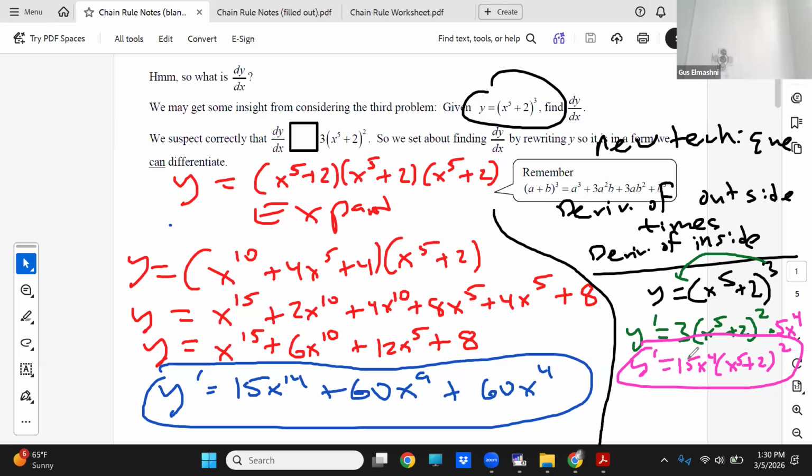If you kind of think about it, if you expand (x^5 plus 2) squared and multiply inside 15x^4, you will get the same thing. You don't have to do that, by the way. You can leave your answer like that. But just to prove to you it's the same as in blue, 15x^4, x^10, plus 4x^5, plus 4.